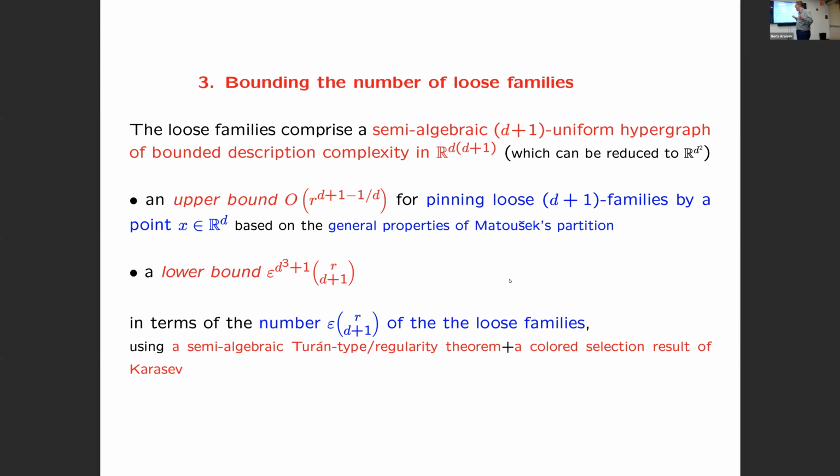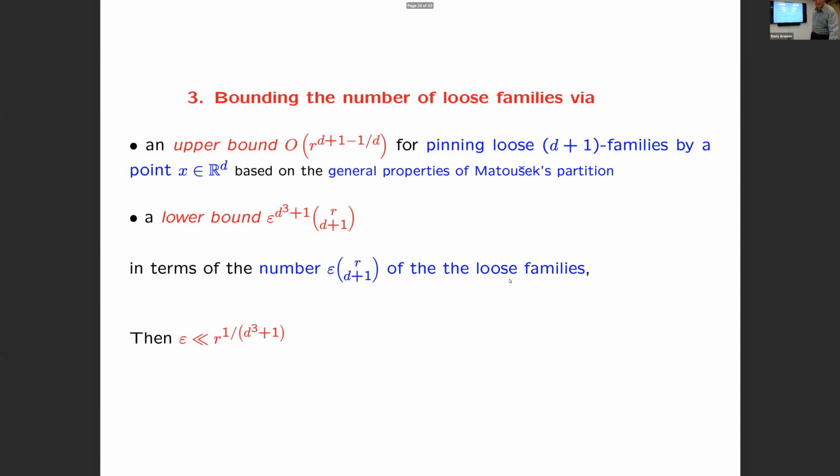So for this, we will use semi-algebraic Turán-type results, and surprisingly, the colorful selection result of Karasev. If we combine them, it will obviously follow that this density is bounded by this power of r.